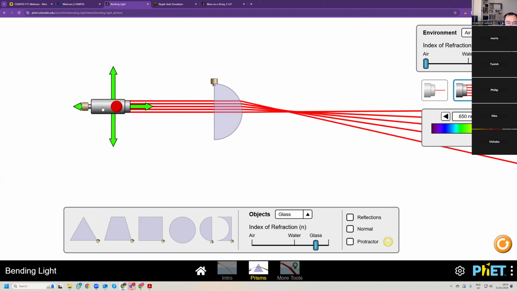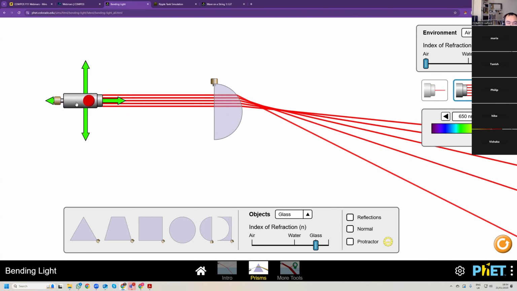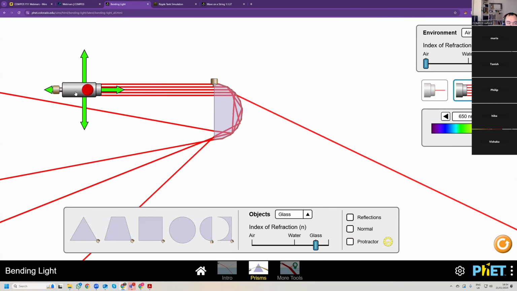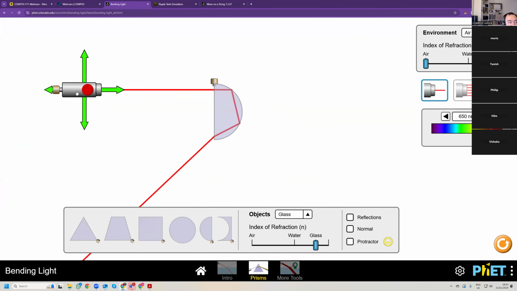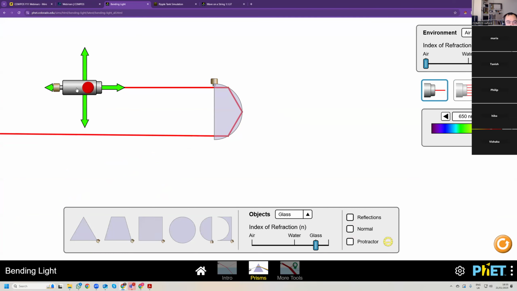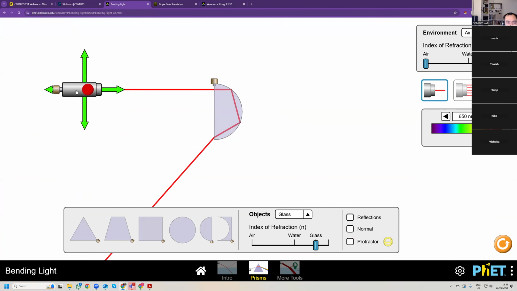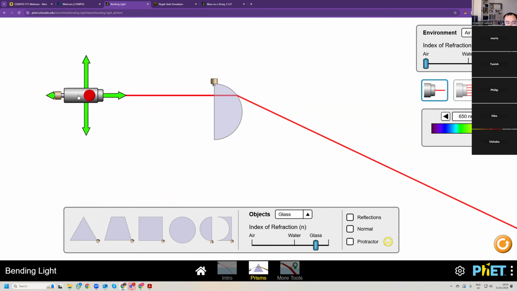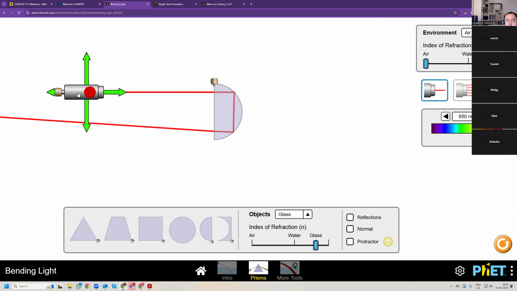So it refracts, but at some point light just stops going through the glass prism. So it goes through, and bam, bam.